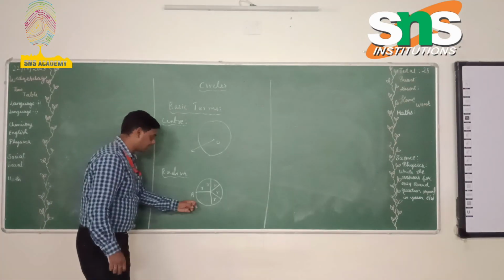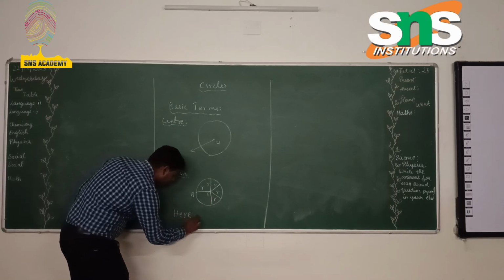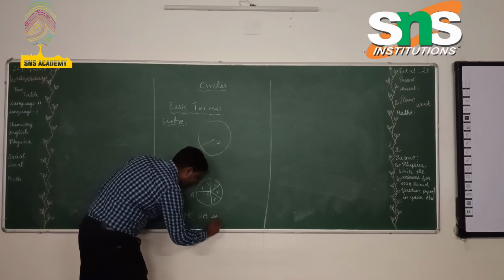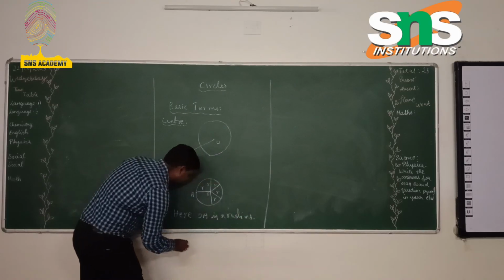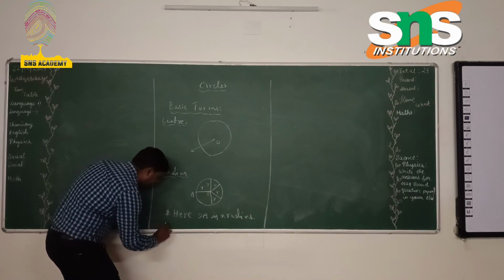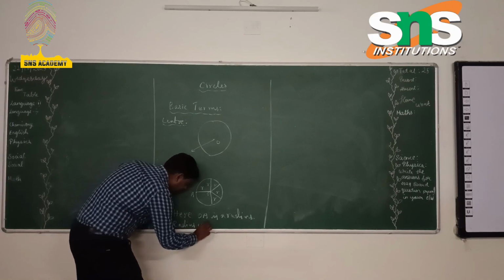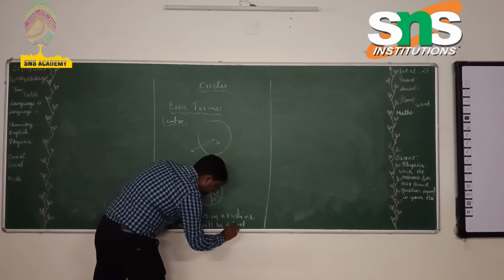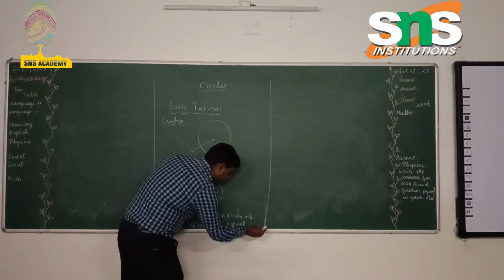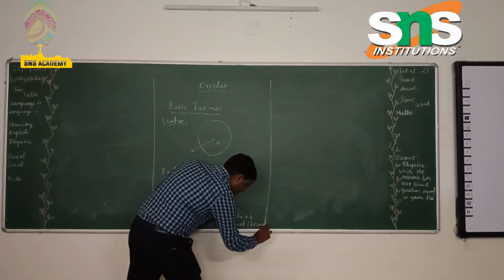So the radii are equal in the circle. That is very important here. OA is a radius. Radius will be equal throughout the circle.